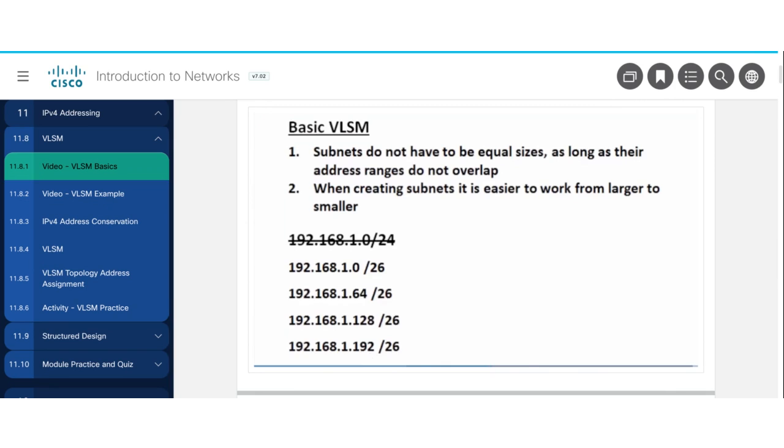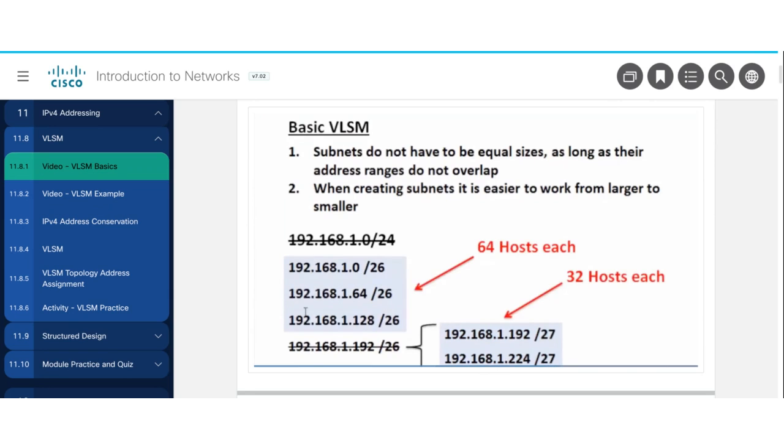What if I take that address space and divide it into 2 smaller subnets, size /27 each? If I do this, I effectively have created 5 subnets. The 3 subnets up here are 64 hosts each, and the 2 new subnets are 32 hosts each. The reason I can do this is because my 2 smaller subnets do not intrude into the larger subnets.